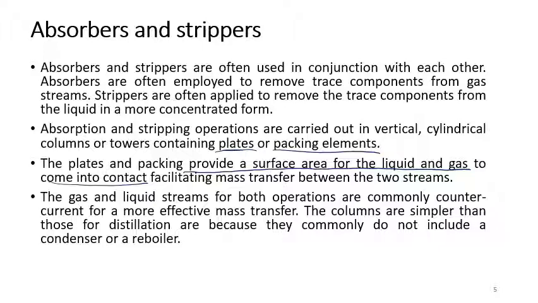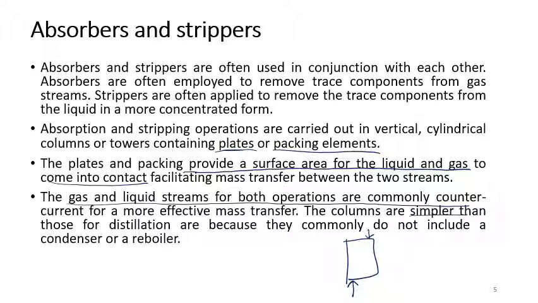So commonly, gas and liquid streams for both operations are normally countercurrent for more effective mass transfer. So if you have a column, normally the gas would come in from the bottom, and liquid will come from the top, just because gas is less dense than the liquid, and this is simpler and more effective for mass transfer.